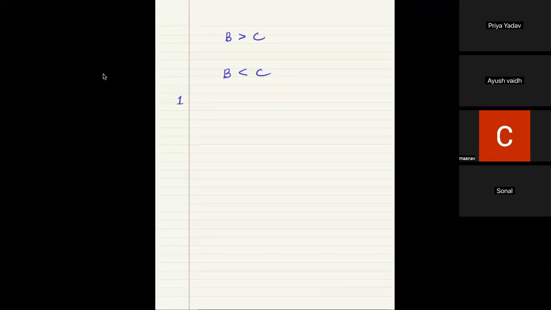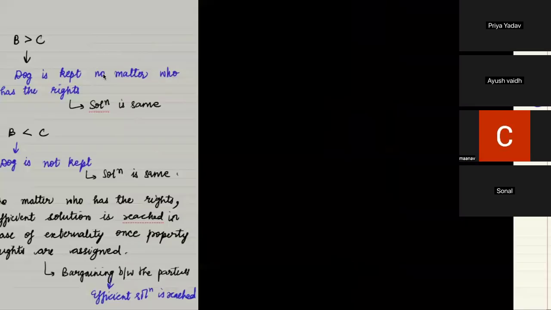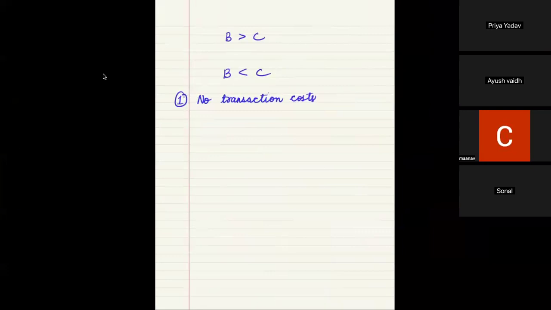Two conditions. One, there are no transaction costs. What are these transaction costs? For example, Daniel and Jack sit over coffee, and while bargaining, they get aggressive. And now they both go to the police. So now they both start arguing.